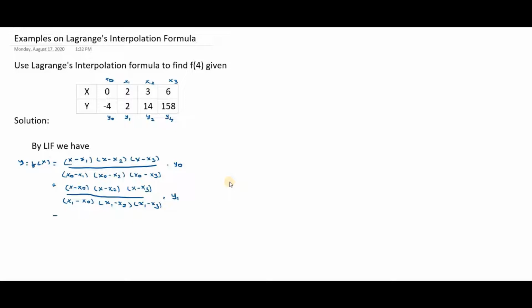Next plus. Now x2 remained absent, so I will write x minus x0, x minus x1. Do not write x2, you can take the next value, that is x minus x3, divided by the term absent is x2.